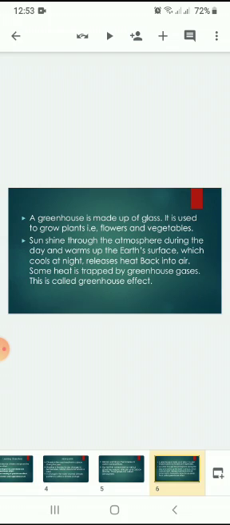The sun shines through the atmosphere during the day and warms up the earth's surface, which cools at night, releasing heat back into the air. Some heat is trapped by greenhouse gases. This is called greenhouse effect.